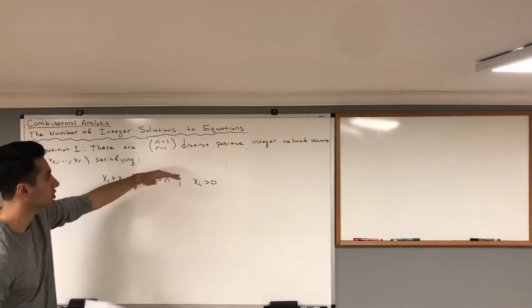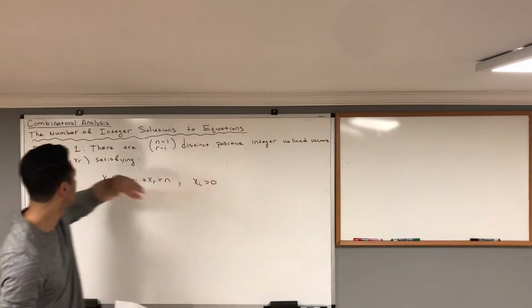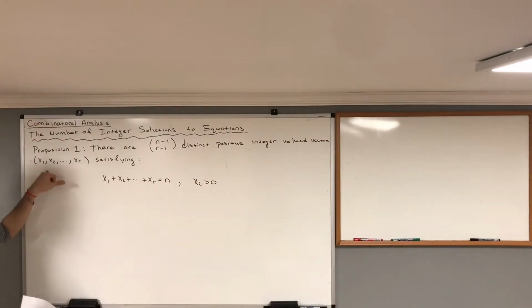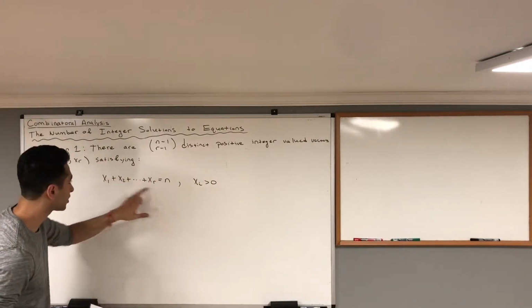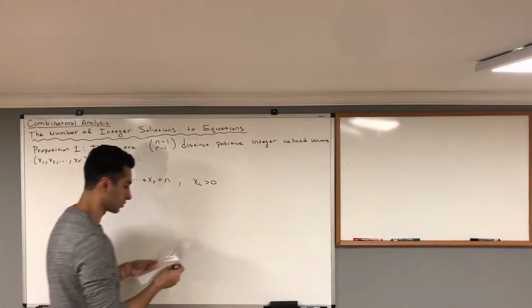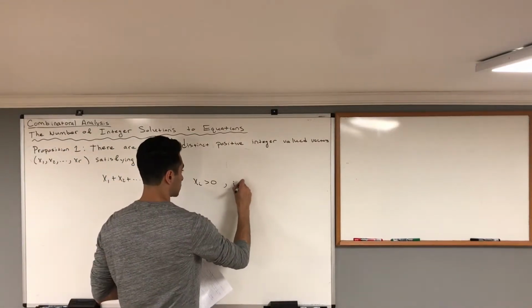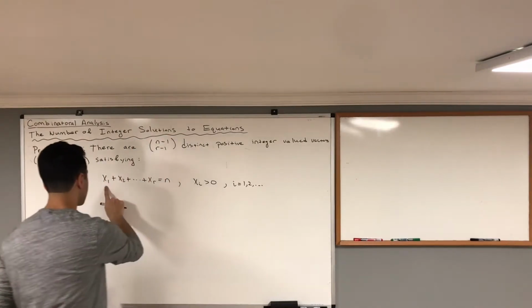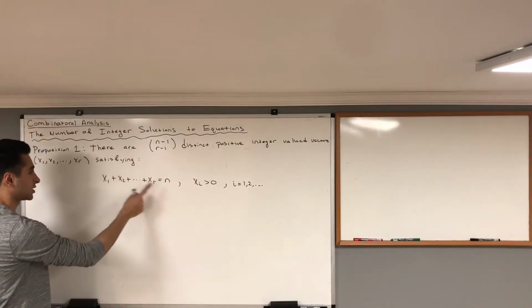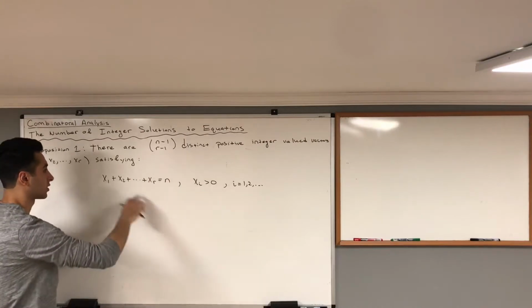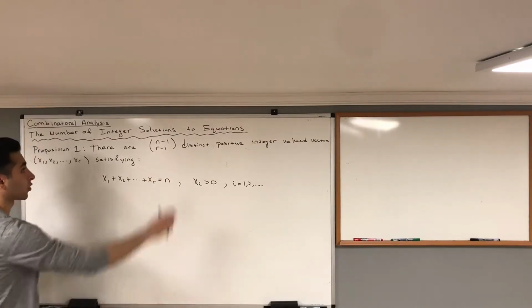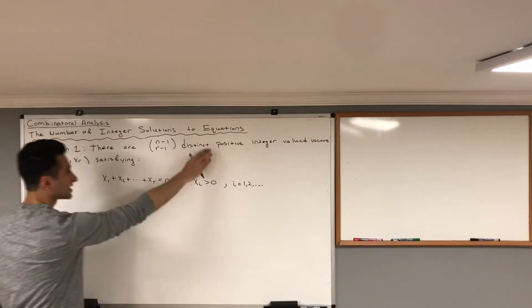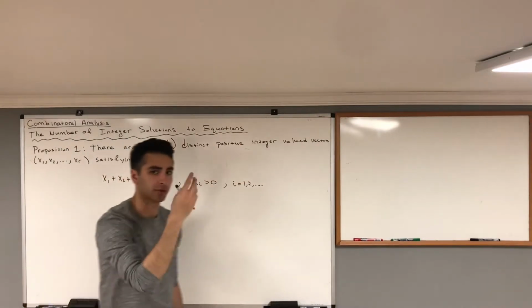Because again, we're talking about positive first. Positives can't have 0 in the list. So every term here, xi, has to be greater than 0, for i equals 1, 2, and so on. Okay? So x1 has to be greater than 0, x2 has to be greater than 0, and xr has to be greater than 0, and everything in between. For counting the number of distinct positive integer valued vectors.